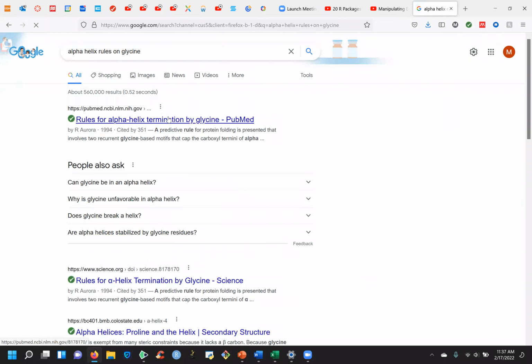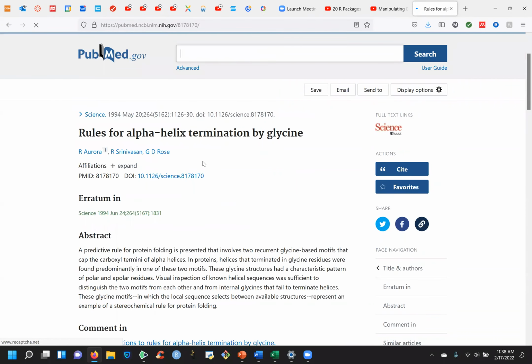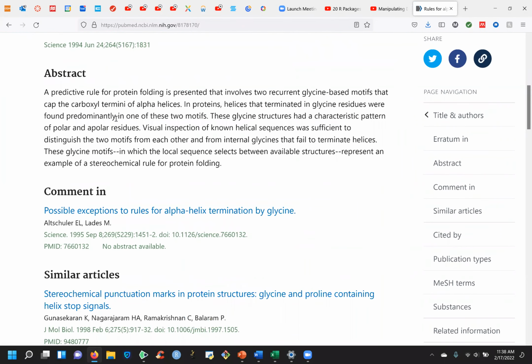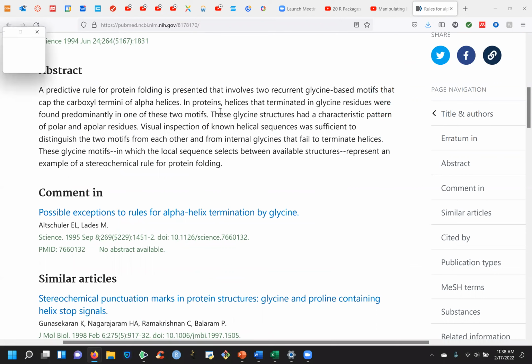A predictive rule for protein folding is presented that involves 2 recurrent glycine-based motifs that cap the carboxyl termini of alpha helices. So it's saying that glycine is at the end, basically at the carboxy.